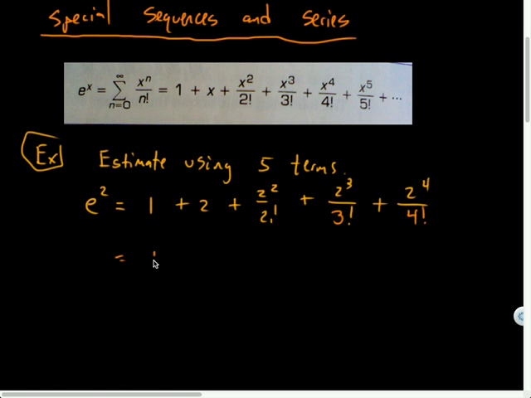So that's 1 plus 2 plus 2 squared is 4 over 2 is 8. 2 cubed is 8 divided by 6. 8/6 or 4/3. And 2 to the 4th is 16 divided by 4 factorial, which is 4 times 3, 24, right? 16 divided by 24. 8 goes into both of those.